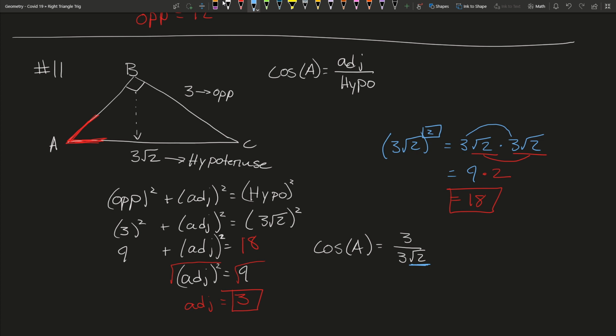And in order to rationalize that, we have to multiply by a clever form of 1. Okay? In this case, in order to cancel out that square root of 2, we have to multiply by root 2 over root 2. And what that does is gets us 3 root 2 in the numerator, and then 3 root 2 times root 2, which just becomes 2 in the denominator.